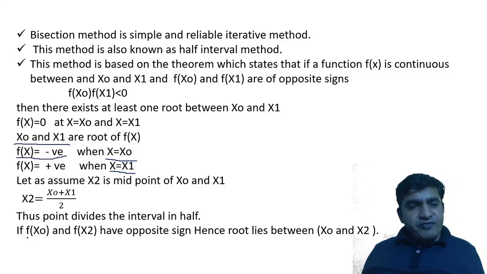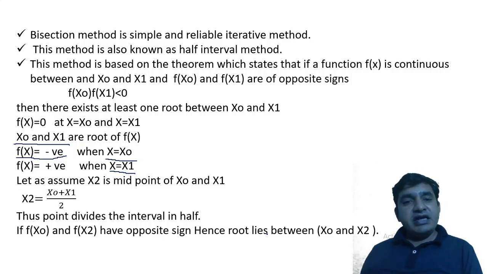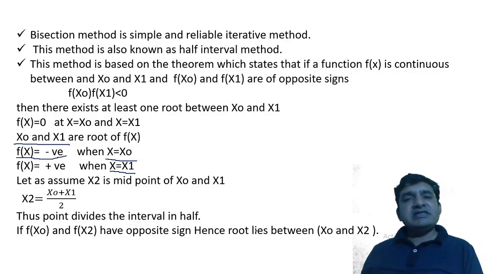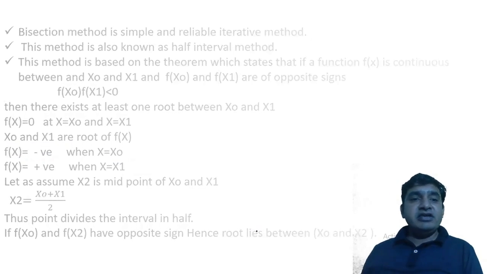If f of x0 and f of x2 have opposite signs, then we can say that the root lies in between x0 and x2. After that we find x3, which is equal to x0 plus x2 divided by 2.